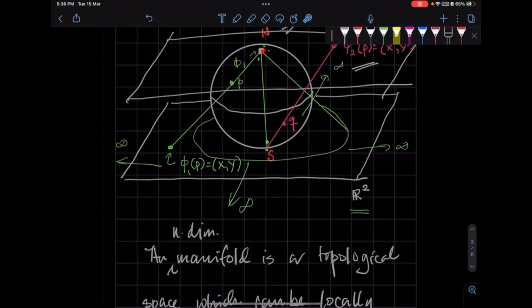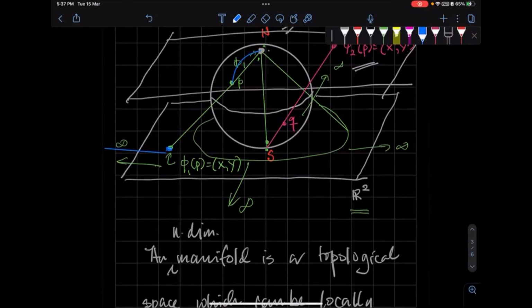For example, the distance from the North Pole to the point P is some arc length, which is the shortest distance. But the distance from this point to the North Pole on the surface is infinite, because the North Pole is infinitely far away. It's actually not part of R2.